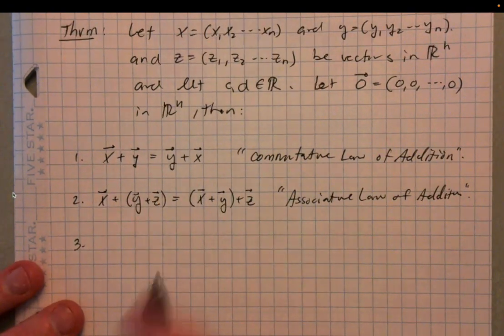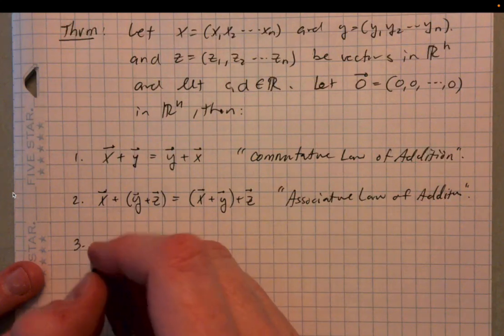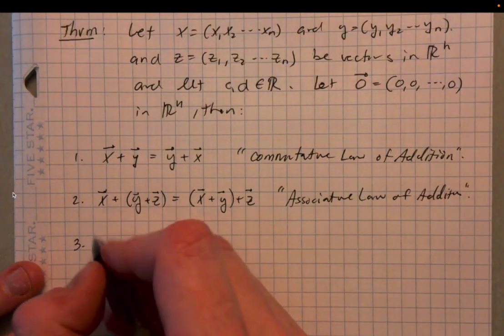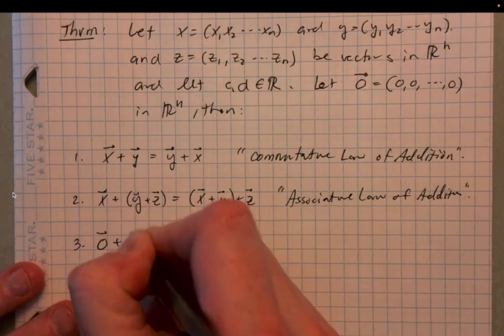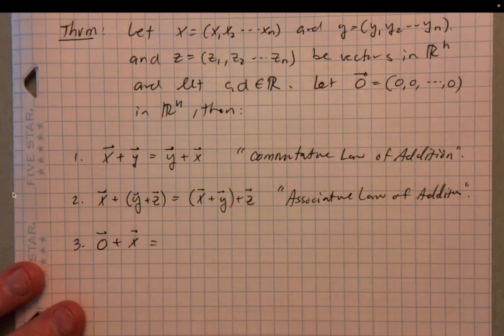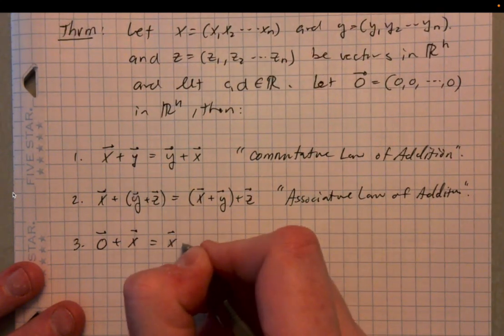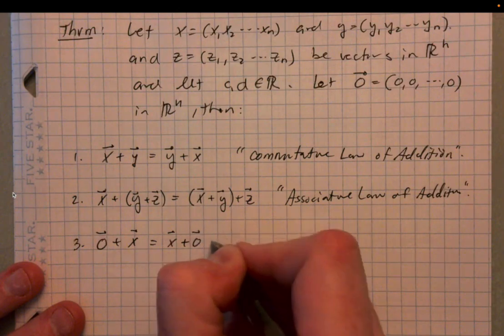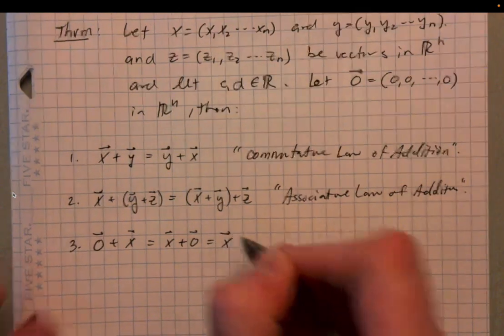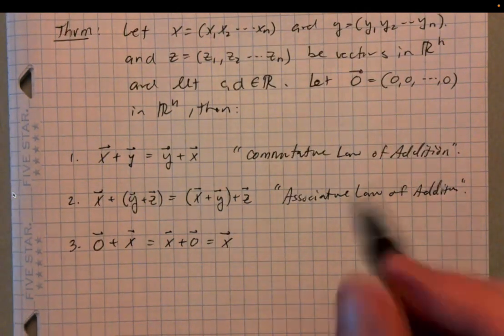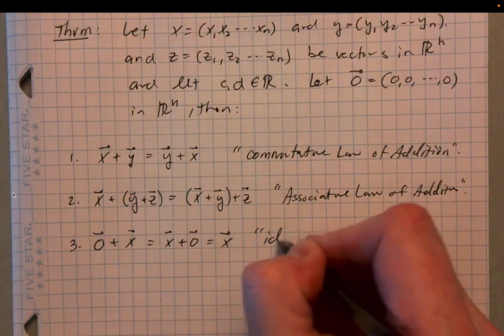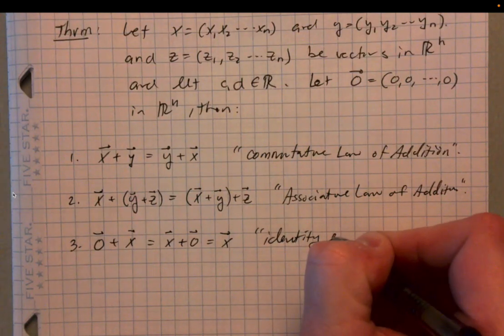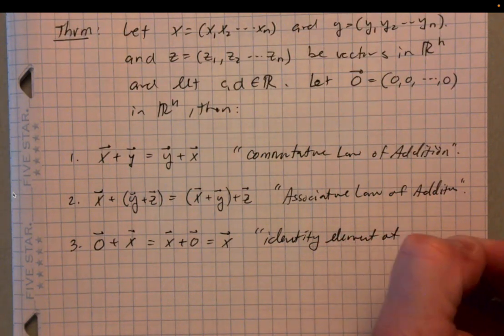The identity element of addition, right? So if I take the 0 vector plus any vector x, then I get the same thing as x plus 0, and both of those are equal to just x, right? This is what's called the identity element of addition.